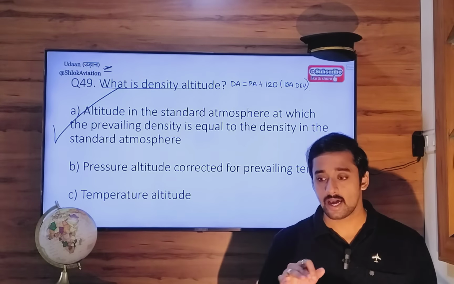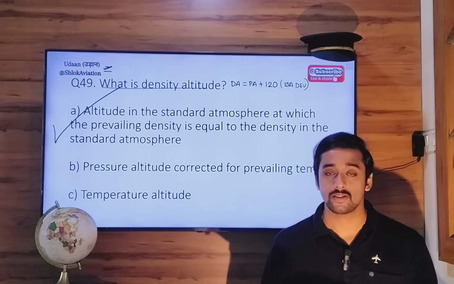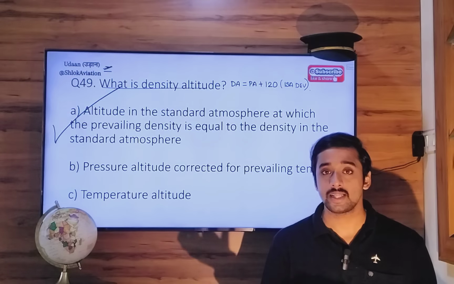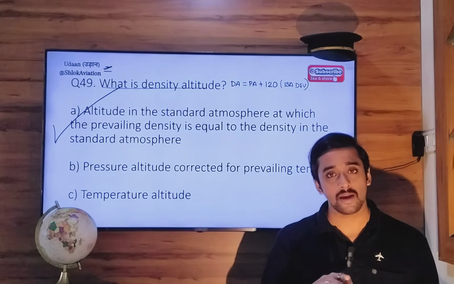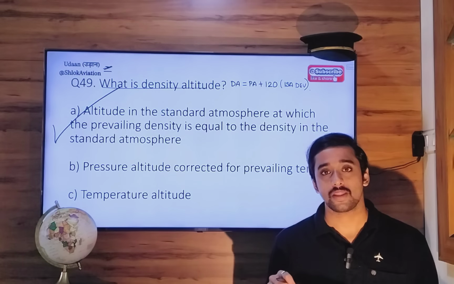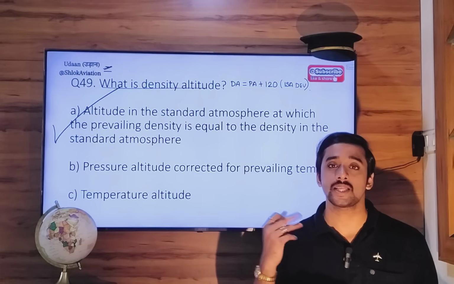If the density that I'm surrounded by is the density normally found at 30,000 feet, that means I may be at mean sea level, but according to density altitude, I am at 30,000 feet.